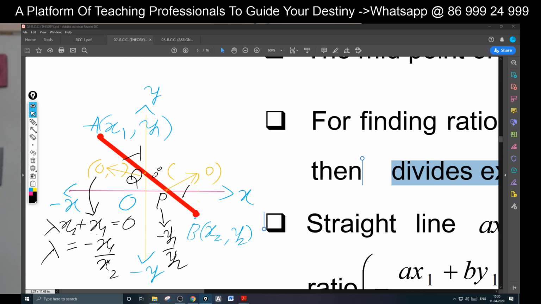And don't forget, you will get the same formula even in 3D also. If it is Z, you will get z-axis extra there. The z-axis divides the line segment A, x1, y1, z1, B, x2, y2, z2 in the ratio minus z1 by z2. So it is just an extension, it is 2D and that is 3D.